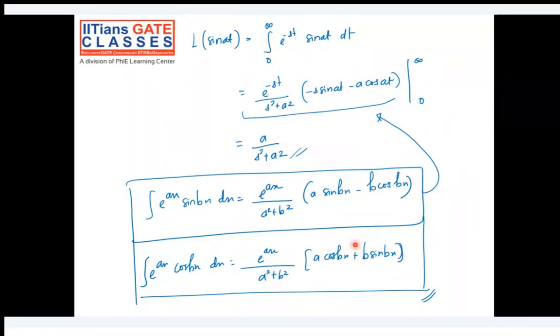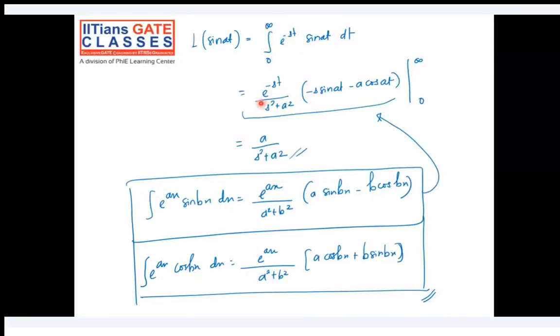These two formulas you will use in order to find the Laplace transform of sine of at and cos of at. If you are supposed to calculate the Laplace transform of sine of at, then integration 0 to infinity e to the power minus st sine of at dt. By using this formula, a here is s and b here is a.